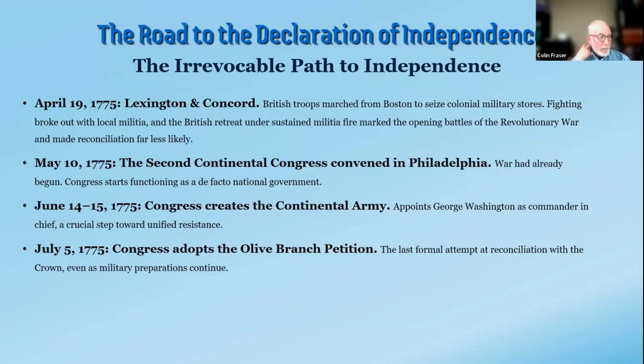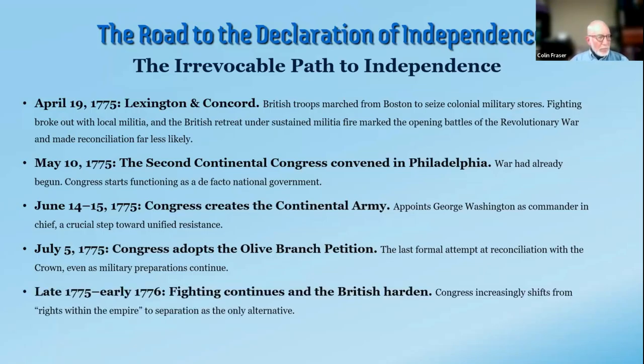July 5th of '75, Congress was still hoping for some sort of solution that didn't involve war, and that was the Olive Branch Petition. It was the last formal effort at reconciliation, even though military action was going on and preparations were rising.